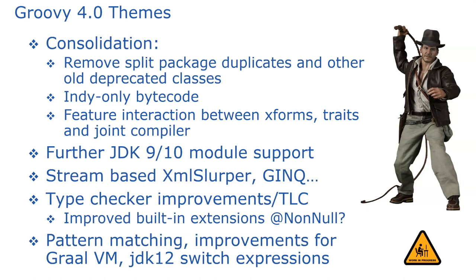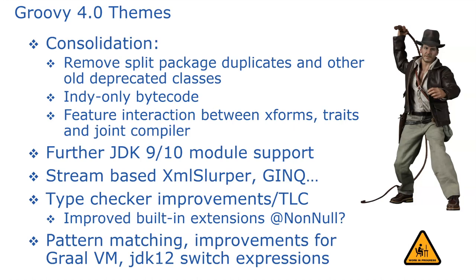We're looking at stream-based XML parsers, SQL querying, stream-based JSON querying, and so on. Groovy integrated query, some improvements in the type checker. There's some places where we know it needs a little bit of tender love and care, a bit of tweaking.